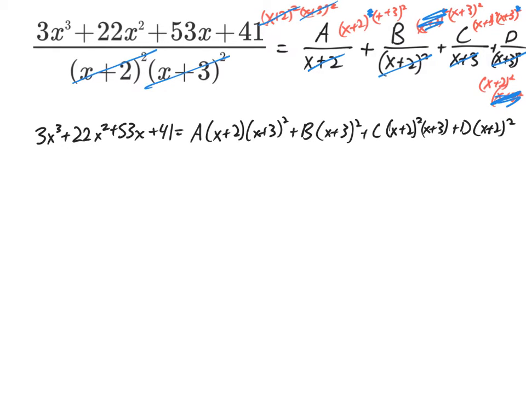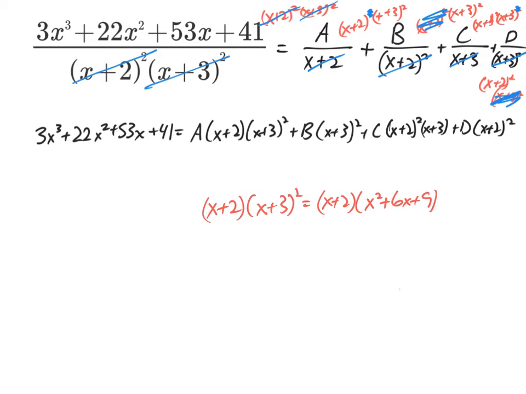All right, now after we're done with this, I'm going to do this piece right here by hand, but then I'm going to hope that you know how to do it after that. So you get x plus 2, x plus 3 squared. I'm going to leave the x plus 2, but I know that x plus 3 squared is x squared plus 6x plus 9 because it's a perfect square.